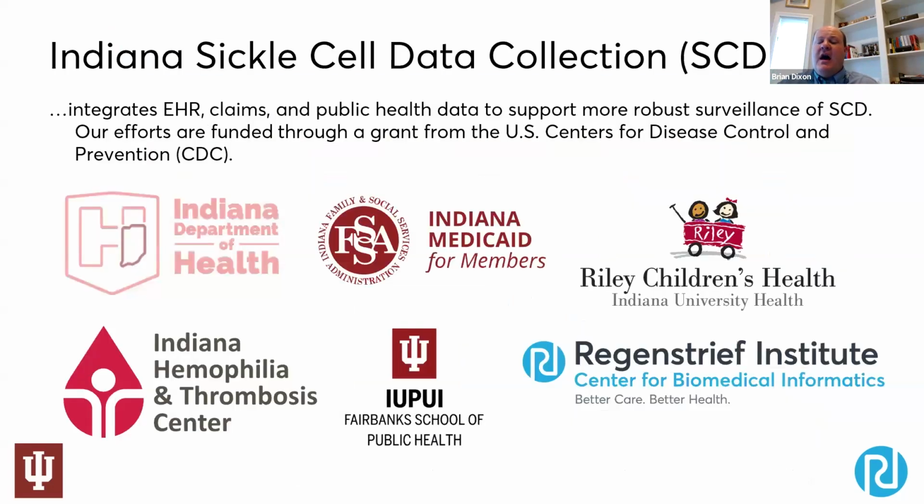More recently, we've begun to apply these tools to sickle cell disease as well, which is a chronic disease that historically has not gotten as much attention in the US. And now Health and Human Services is putting more emphasis on this. So we partnered with our state health department and our major clinical providers for sickle cell care to develop a similar dashboard.